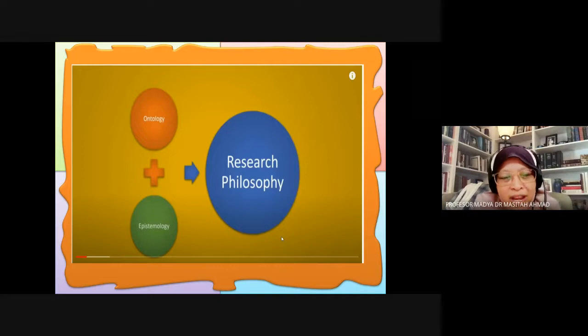That's why we need to learn and really understand the significance of ontology and epistemology for our research philosophy. As I mentioned earlier, our topic is research philosophy, so we also need to know about ontology and epistemology.